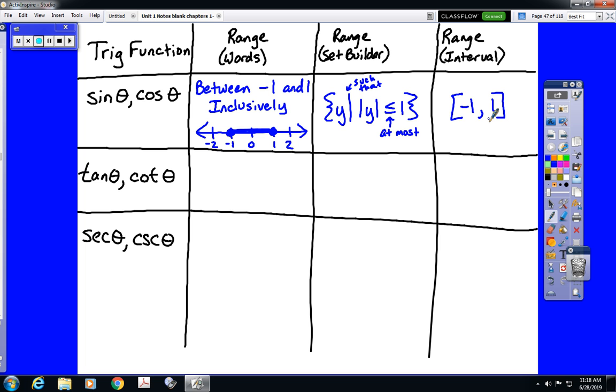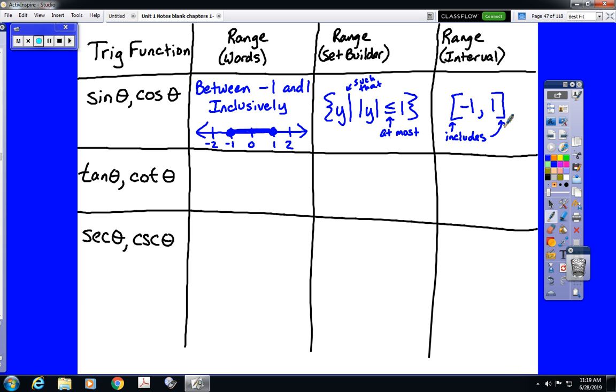Remember that in interval notation, a square bracket means including. So it includes both negative 1 and positive 1. Tangent and cotangent, those are y over x and x over y.